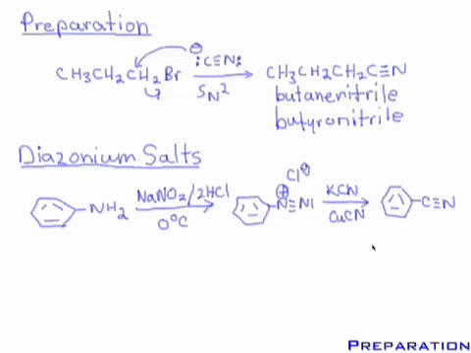Common name benzonitrile, IUPAC, benzene carbonitrile from benzene carboxylic acid. Benzonitrile, because it's based on benzoic acid, is accepted by IUPAC. So if you like, just benzonitrile is fine. That's either IUPAC or common in this case.